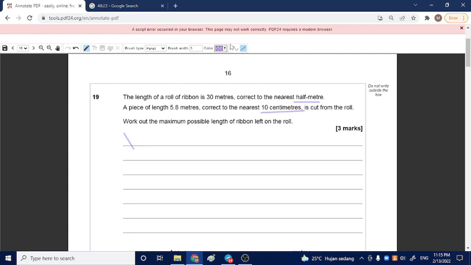So the maximum roll length is 30 plus a half, nearest half meter would mean 0.25 either side. So the maximum roll length is 30.25.